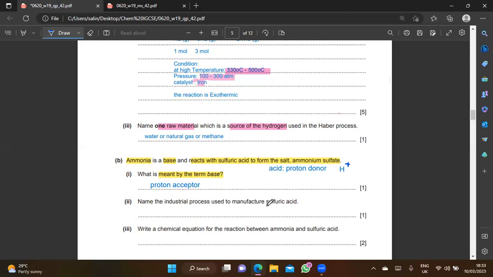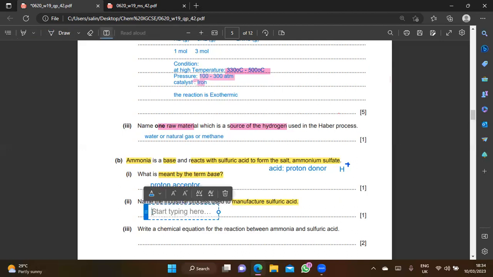To make ammonia is the Haber process. What about making sulfuric acid? This is very common also, and you have to remember this as well. Anybody wants to answer? Gina? Fatima?